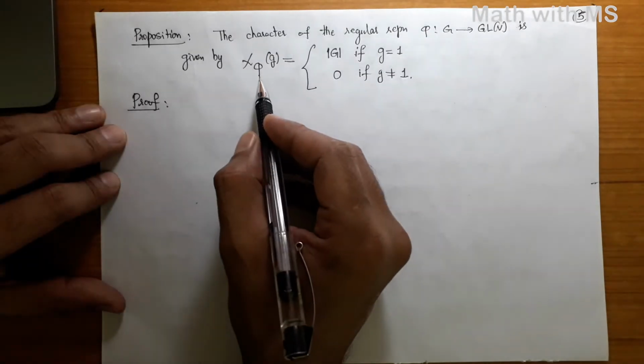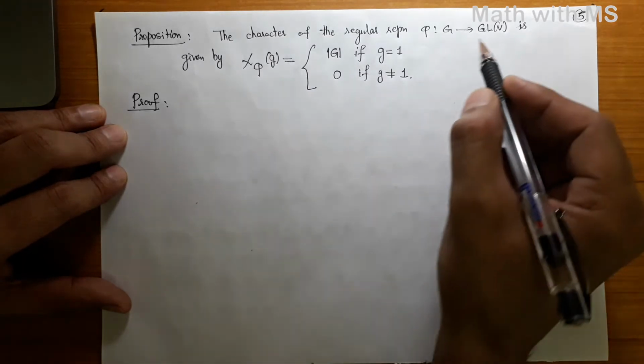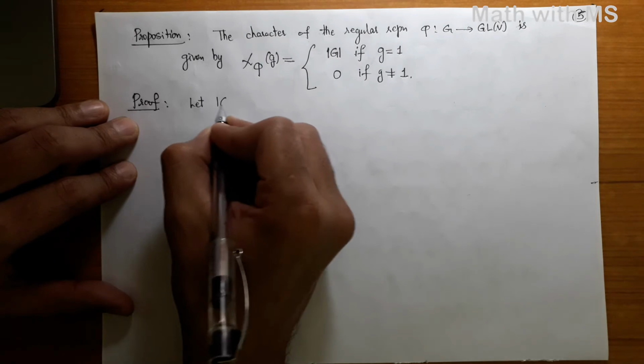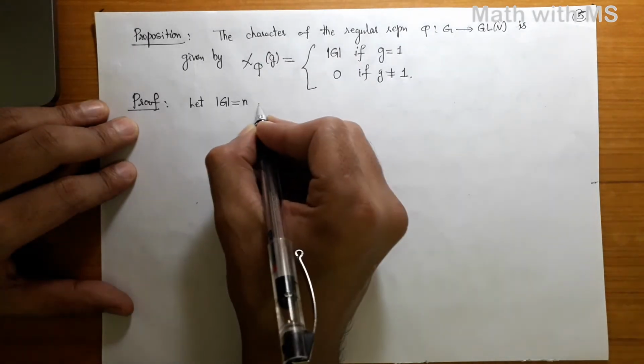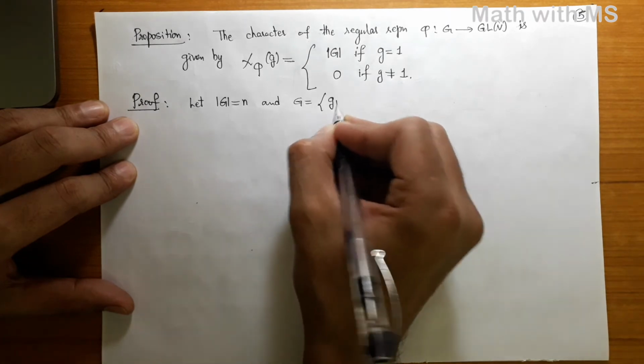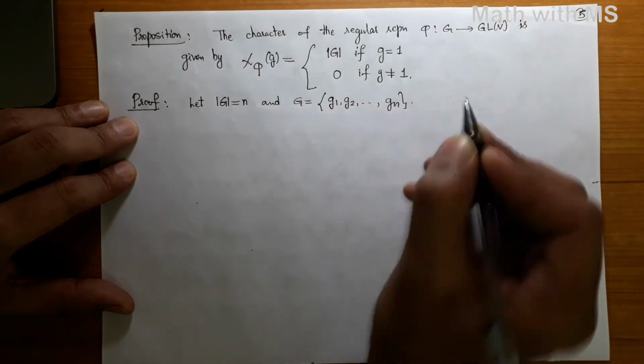To find the character of the regular representation phi, let's fix a basis for the representation space V. Let us say the order of the group G is n, and enumerate the group elements, G equals g1, g2 and so on, gn.